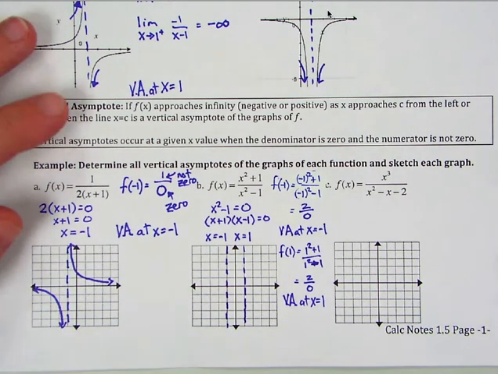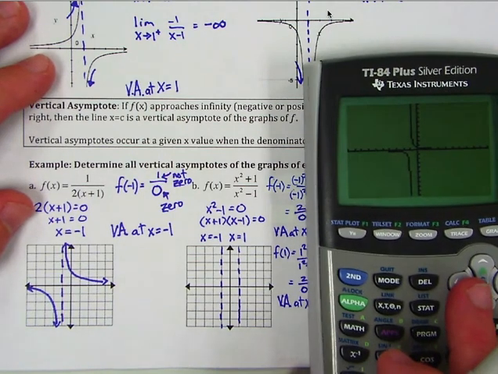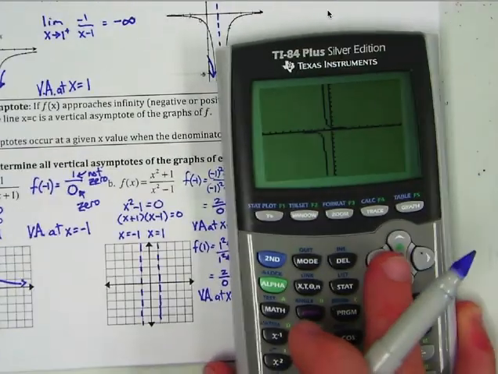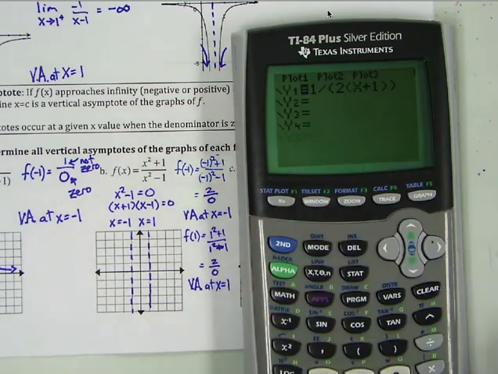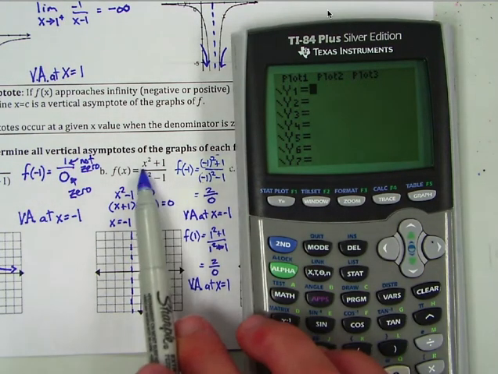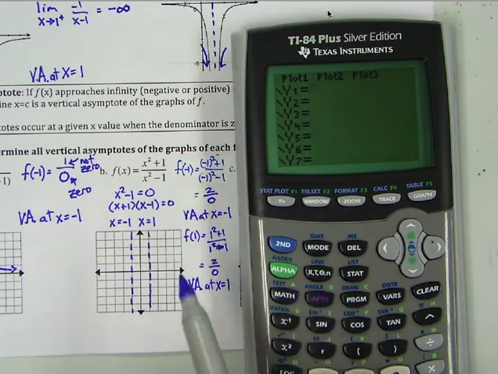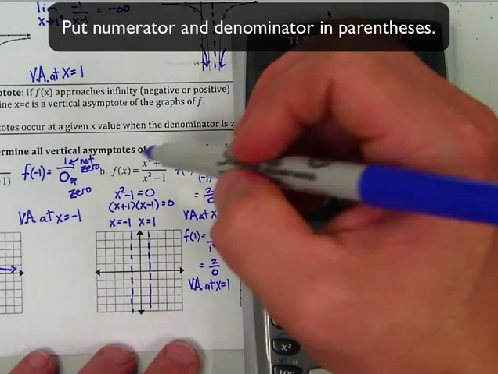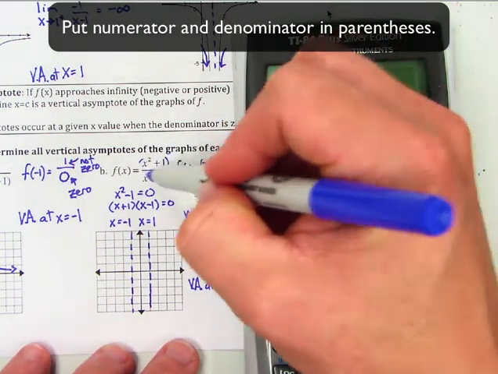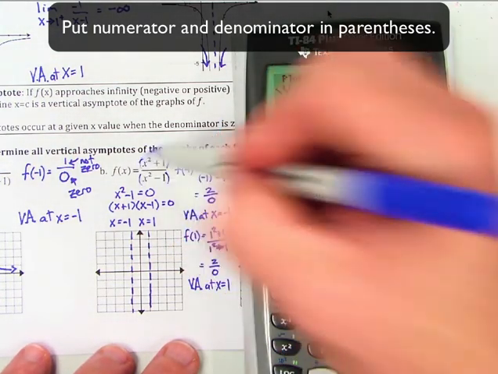Let's go ahead and graph this on our graphing calculator and see what we come up with. Press y equals and clear. Now because we have a polynomial function in the numerator and in the denominator, we're going to want to keep parentheses around both of those in our calculator.